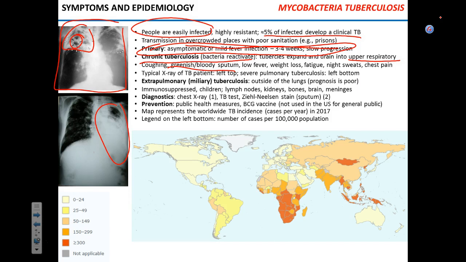Now, first of all, before we move on to extrapulmonary tuberculosis, tuberculosis is treatable. The infection is very resistant, so drugs have to be selected. Usually it's a course, often a combination of drugs, but it's absolutely treatable.